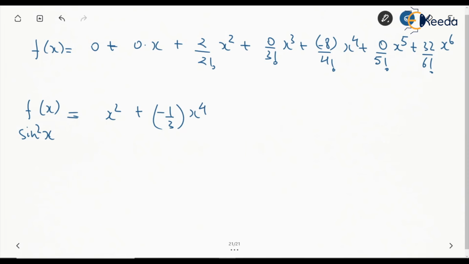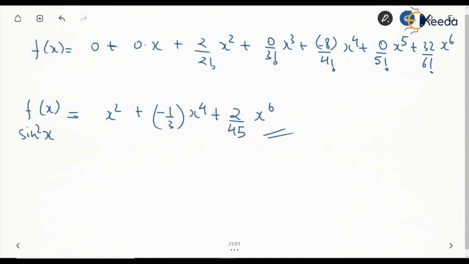Fifth term is gone. Sixth term is 32, and we have 6 factorial, which is 720, and 32 divided by 720 is 2 by 45, which can be written as plus 2 by 45 x to the power of 6. Otherwise you would have written 1 by 22.5. That won't make sense. This is better, right?